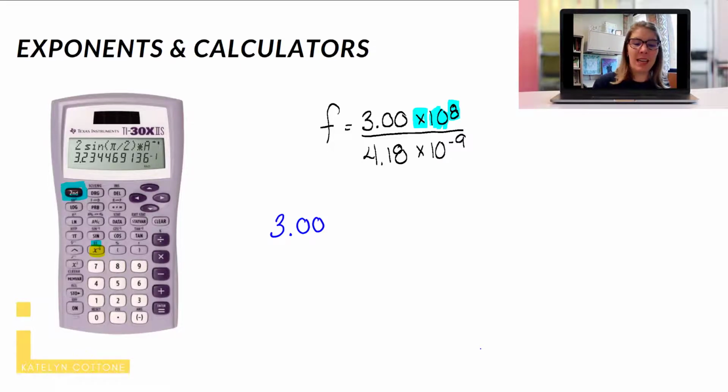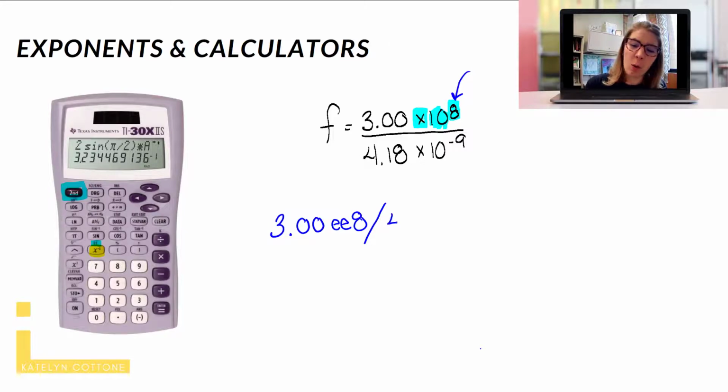So if we put in EE, then all we have to put in after that is the number 8 for the 8 exponent. It takes care of a whole bunch of other stuff for us, and it's really great. Then we can hit the divided by symbol and go through that process again.